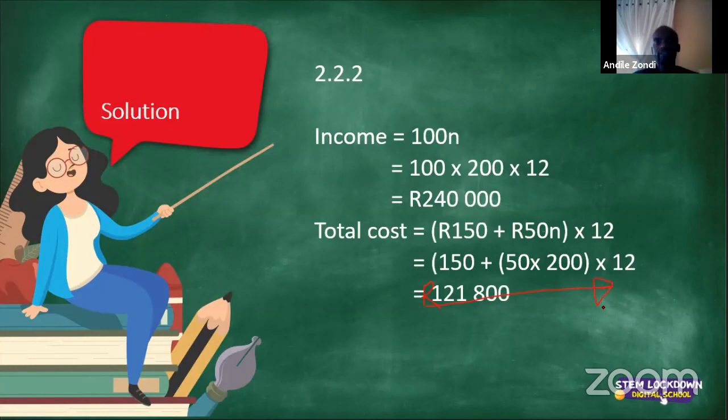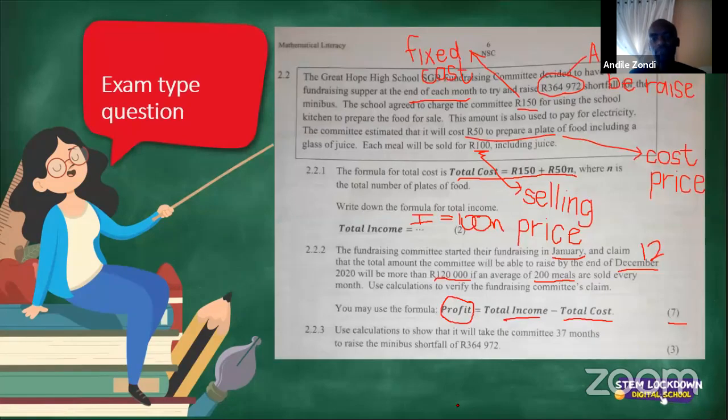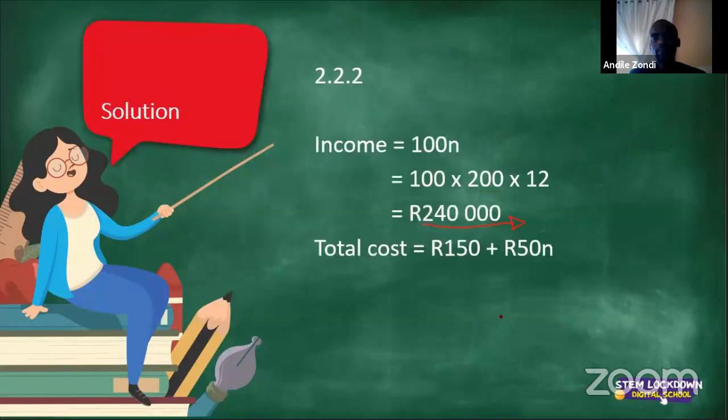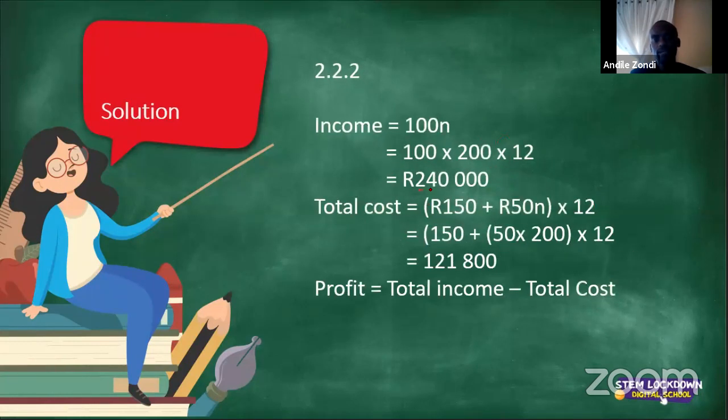Now we're not done as yet, because we're calculating profit. Profit is total income minus total cost. So we have our income, 200 plates per month over 12 months, and we have our cost, 200 plates made over 12 months.